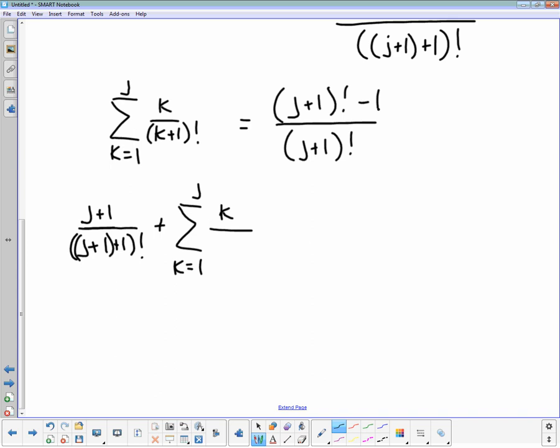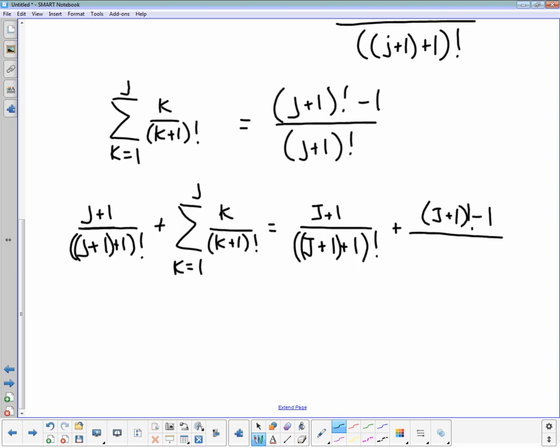This is what we covered a minute ago. So all I did was add the j plus 1 term to both sides, which changed the bounds.